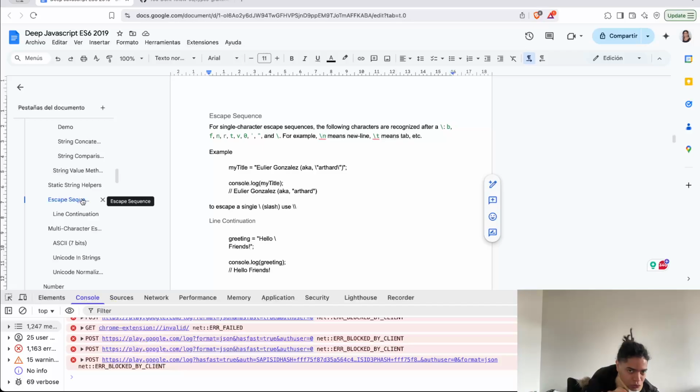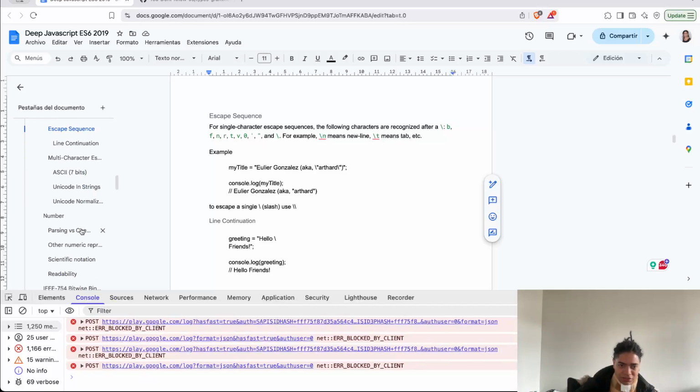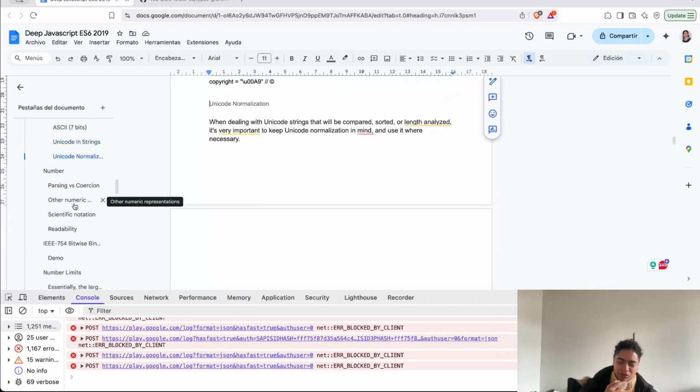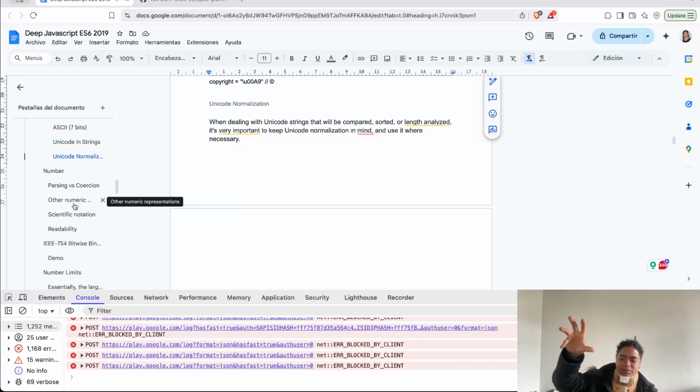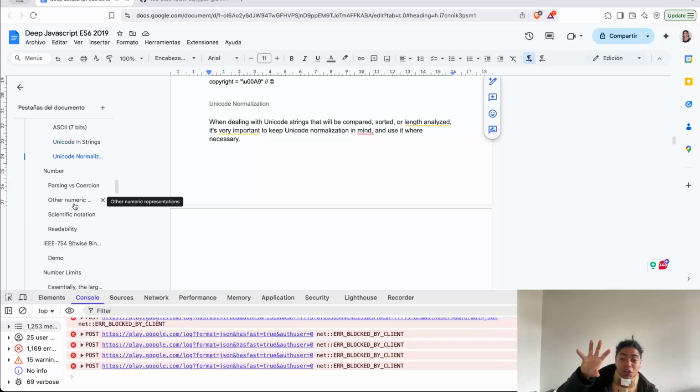Anytime you're going to sort or compare, or where length analysis is important, it's preferred to use the normalization form. So that's very interesting because that concludes the entire aspect of the string, which is huge, all right? But once you get familiar with it, it's pretty straightforward.